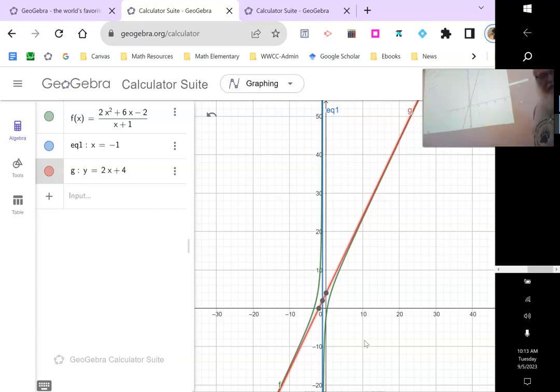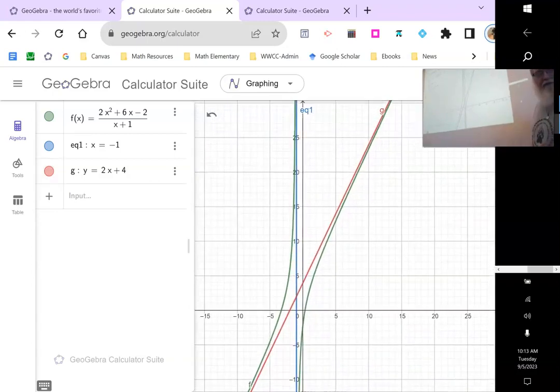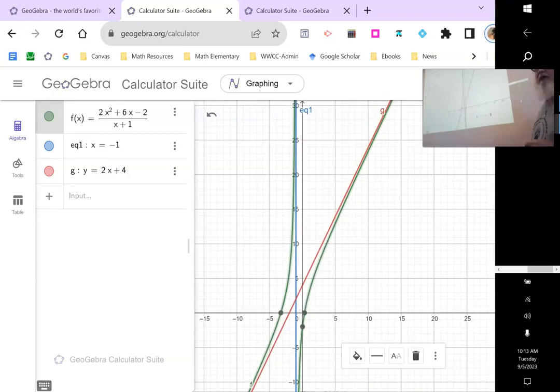But you can also see that it really starts to look like that line y equals 2x plus 4, and here's our actual curve there. They look very close together, so close that if you wanted to make your calculations easier, you might use 2x plus 4 versus that function. So that's one of the reasons why I like slant asymptotes.